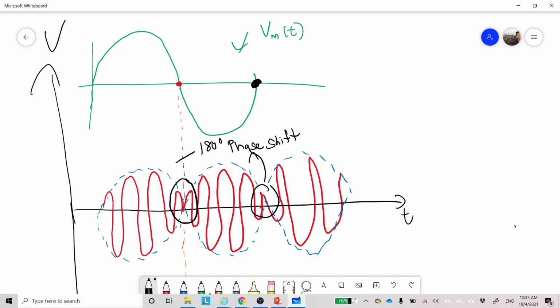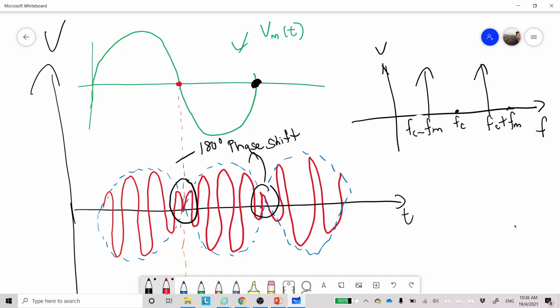What about the amplitude? Amplitude here is not equal to Vm over 2. I just put V1 here and also V2. Remember, V1 equals V2, but it is not equal to Vm over 2.